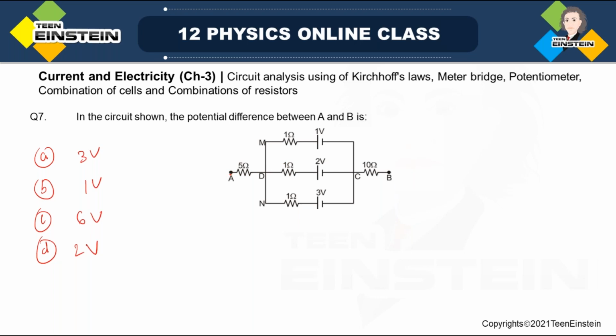Let us say these are the A and B terminals. So in this case, you can see that if we can find out the equivalent potential for this particular part first of all, then it will give my answer.